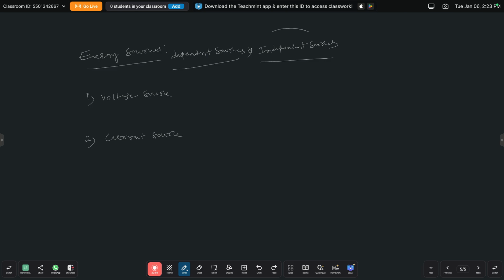First we are discussing the independent sources. Independent sources are again classified into two types, the voltage source and the current source.